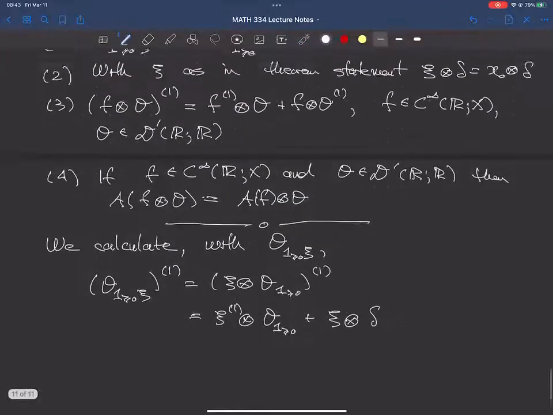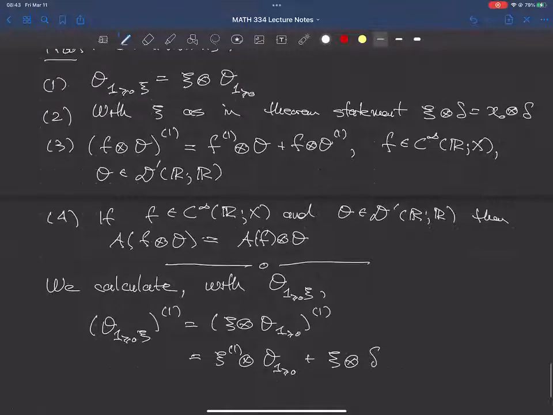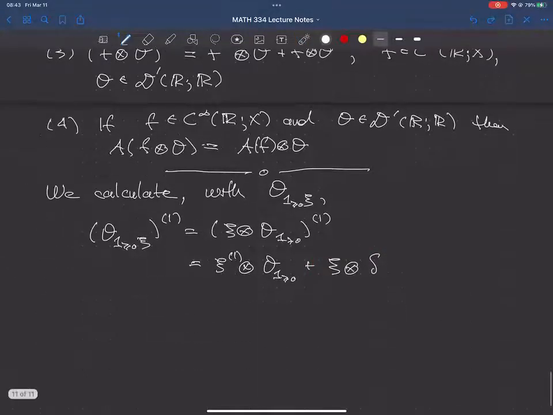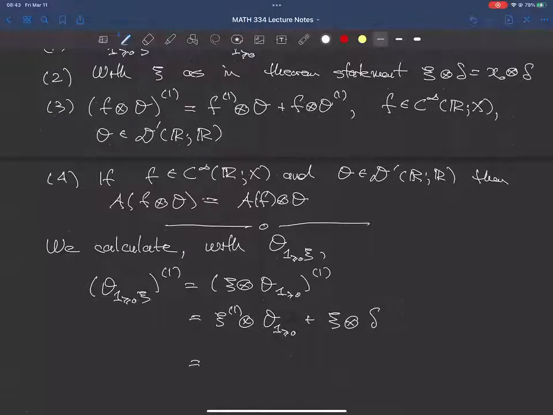And so as we saw in observation 2, that means that this is that. Okay, so this is C1 theta 1 greater than or equal to 0 plus x0 times Dirac.